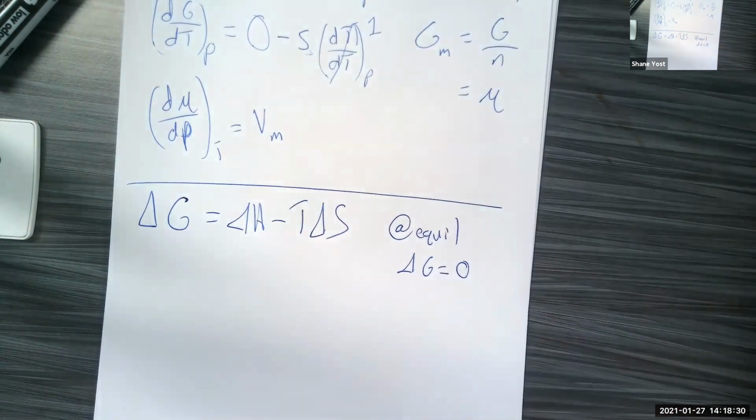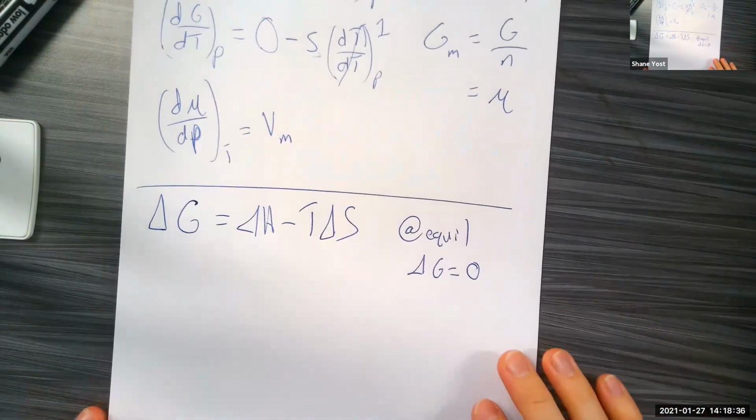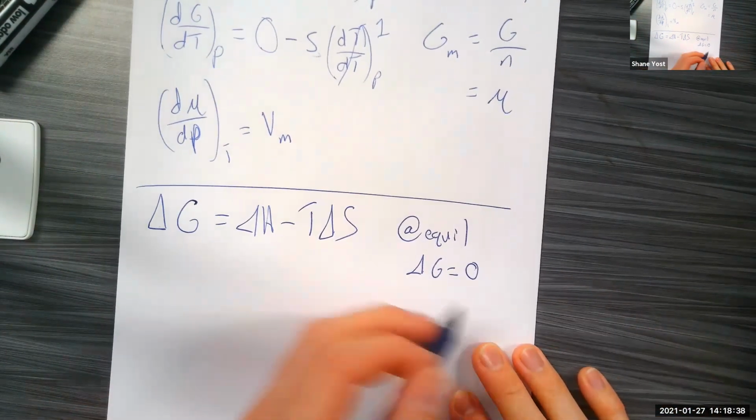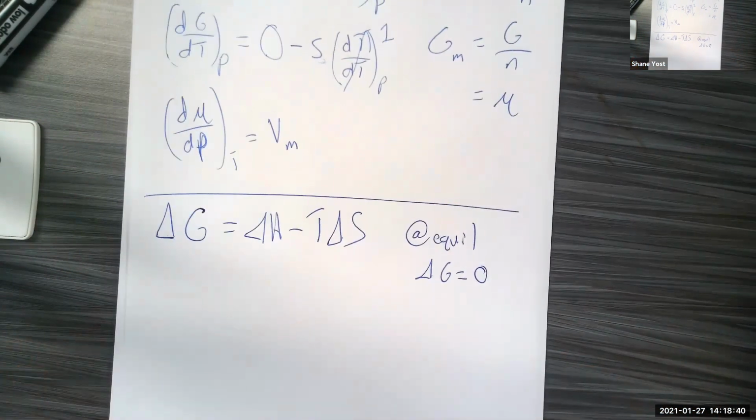For things at equilibrium, the Gibbs free energy change is equal to 0. And so at equilibrium, delta G is equal to 0, which, at our phase boundaries, our phases are at equilibrium.